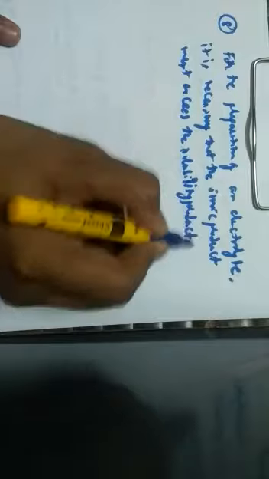If the ionic product exceeds the solubility product, then only the precipitation is possible. So here, a precipitate of AgCl is formed when equal volumes of the following are mixed. It can be formed when 10 to the power of minus 5 molar AgNO3 and 10 to the power of minus 4 molar HCl are mixed together, which is given by option C.